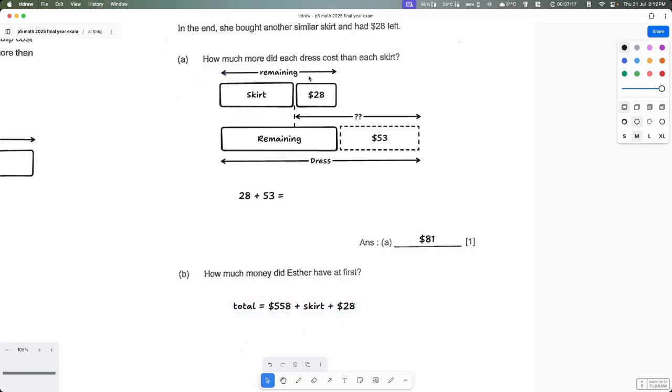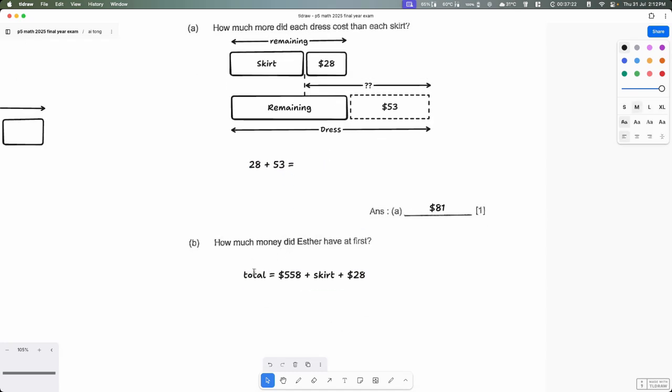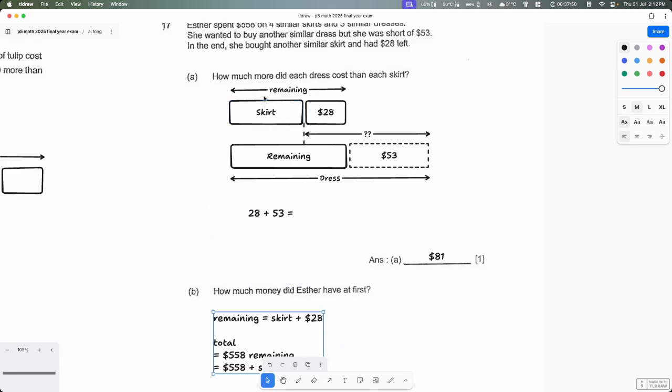This is what we were looking for. We want to get the remaining. We know that one dress costs $81 more than each skirt.